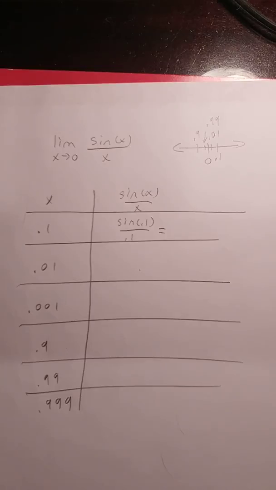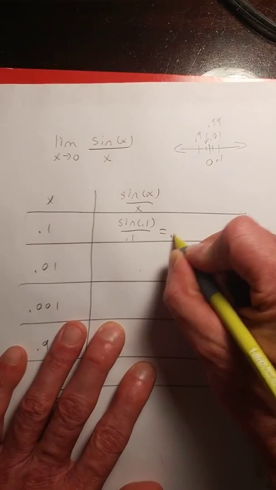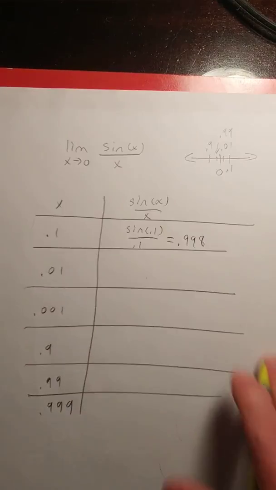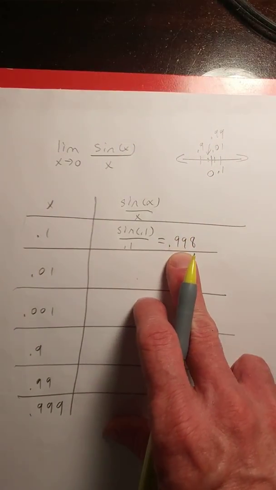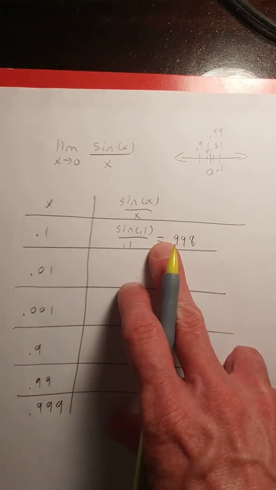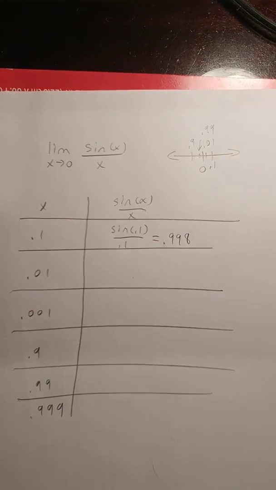Make sure your calculator's in radians. Yeah, it's 0.998. Again, make sure you're in radian mode. It's not degree. It won't work with degree mode.